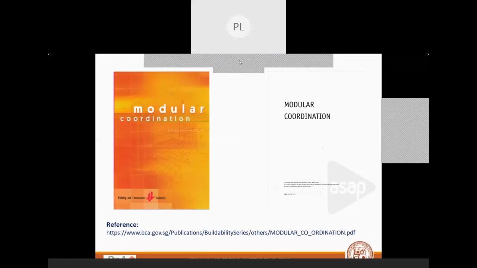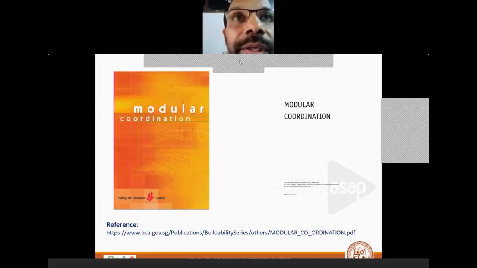Okay, sir. One of the questions being asked is, what is the significance of vertical controlling component? The first thing we have to consider is whether we are going for a comprehensive application of modular coordination.